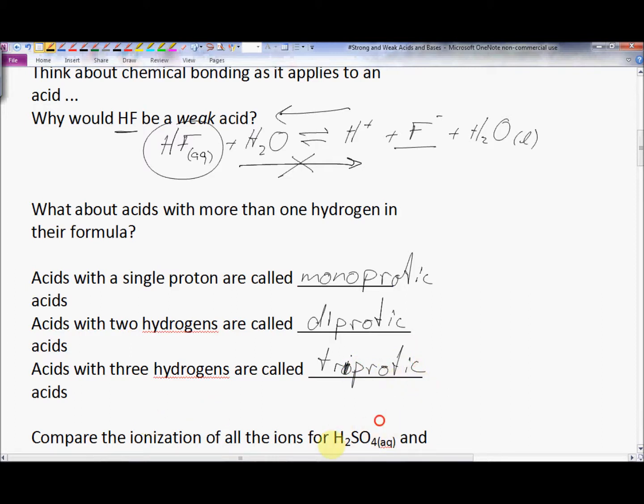So for example, here we have sulfuric acid. That's an example of a diprotic acid. Hydrochloric acid is an example of a monoprotic acid. Phosphoric acid is an example of a triprotic acid.